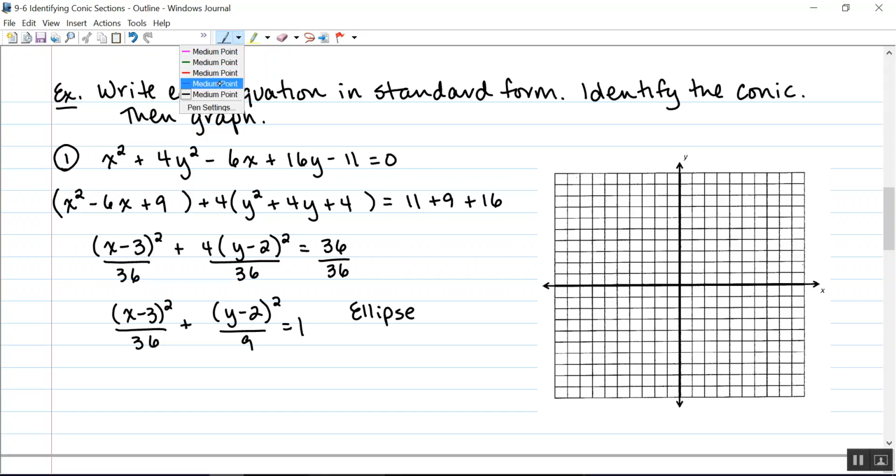So my center is going to be at the point 3, -2. Okay, and a squared is 36. Okay, and b squared is 9, so this is going to be horizontal in orientation. And a is going to be equal to the square root of 36, which is 6, and b is equal to the square root of 9, which is 3.